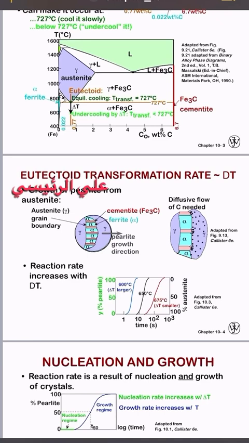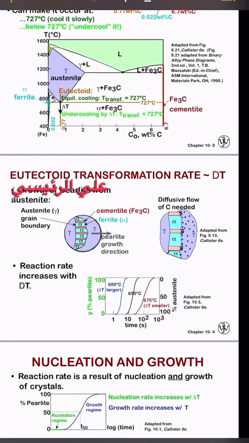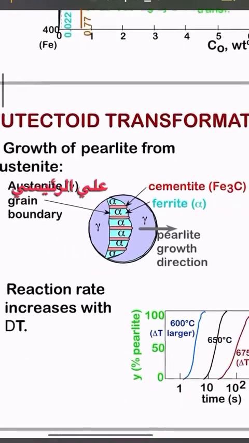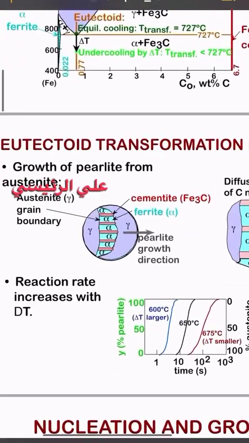So going out from ferrite and entering cementite, the carbon concentration will be more, as you can see in the slide, in this figure or this circle.